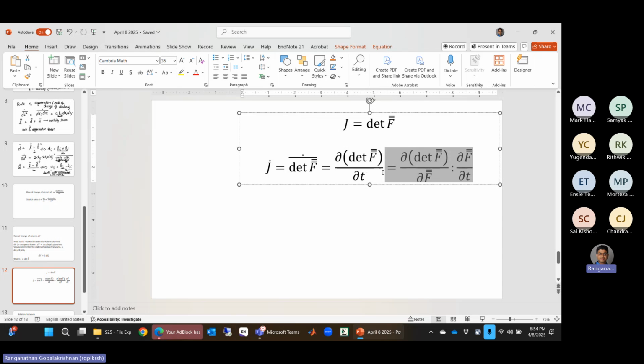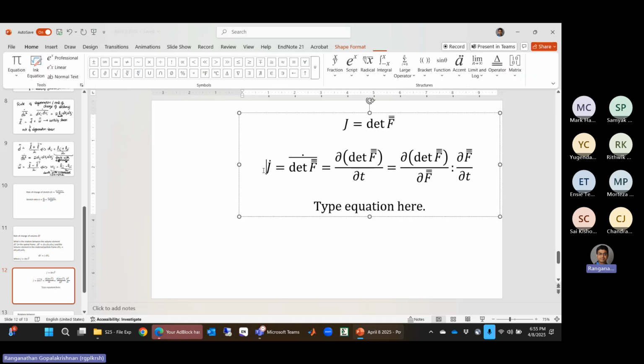Take a time derivative, express that as the derivative with respect to F, and then multiply it with the rate of change of F. But since F is a tensor, you're going to get a tensor. Determinant of F is a scalar, but if you are trying to do this with respect to a tensor, you will end up again with a second order tensor. So the double inner product is to ensure that we eventually get a scalar.